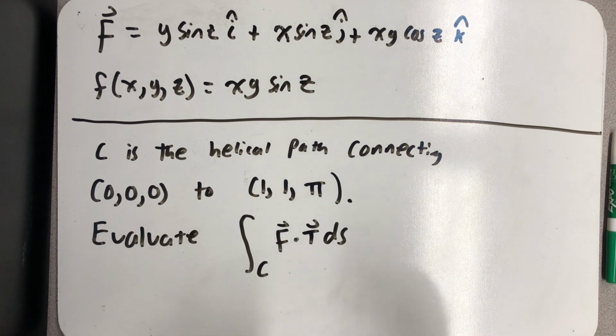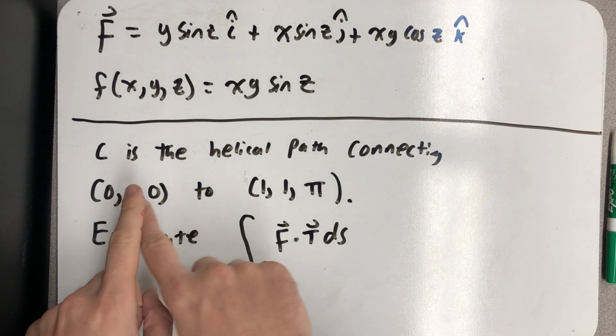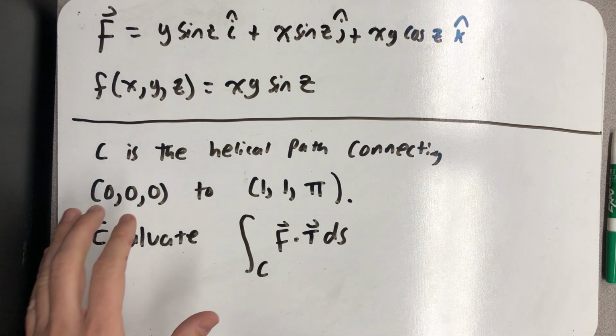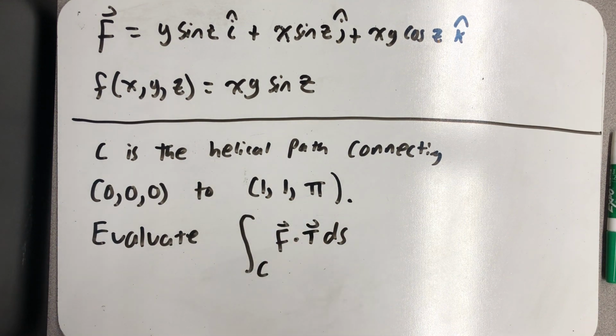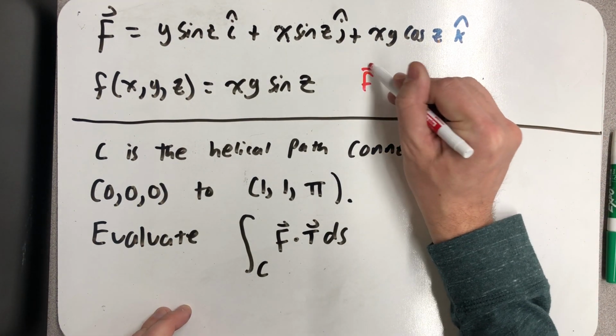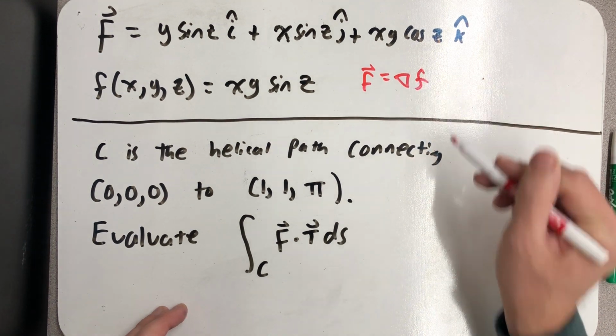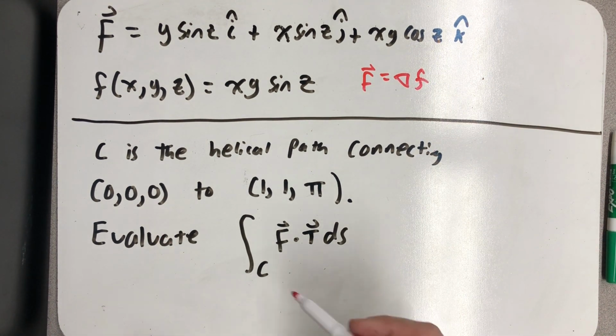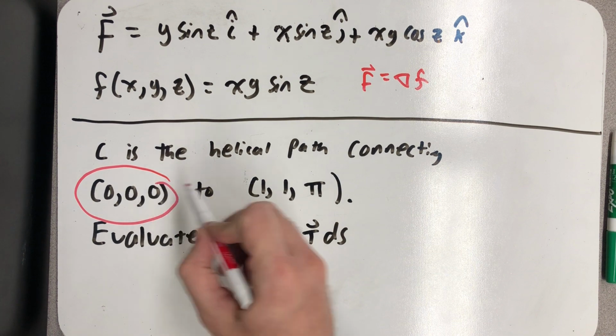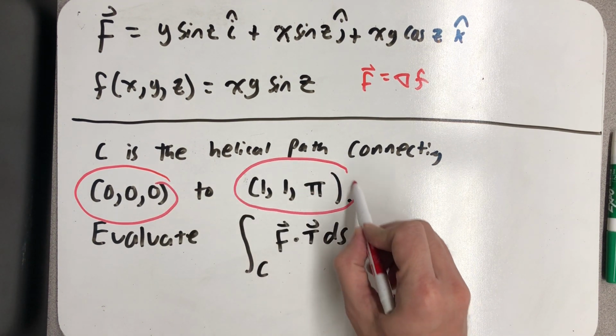Now we're asked to take a path integral along a helical path connecting (0, 0, 0) to (1, 1, pi), and we don't know a lot about that path. It's some helix that connects them. But because this big F is a gradient field, I know the kind of path doesn't actually matter. The only thing that matters is where I start and where I stop.